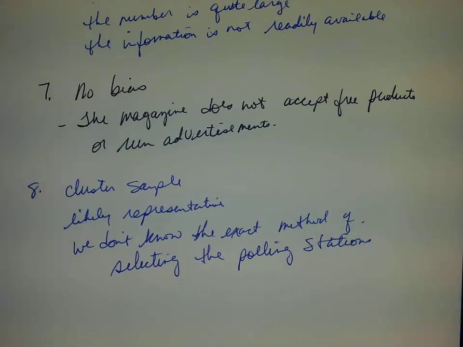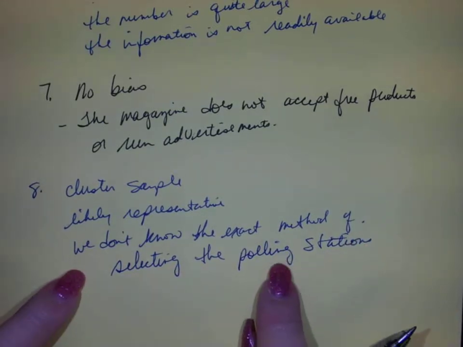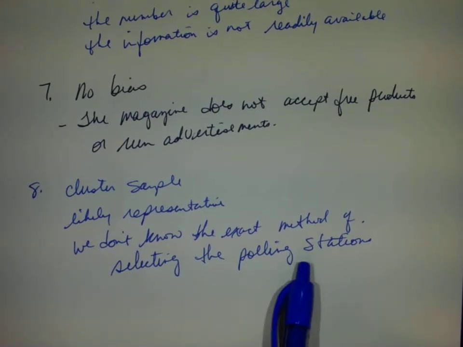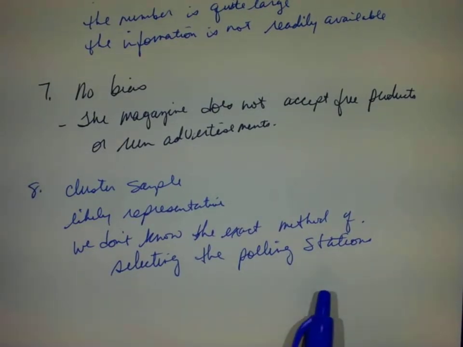Well, it depends on how they chose the polling stations, because that could make them biased. So if they specifically chose neighborhoods that were all Democratic or all Republican or more so one way or the other, instead of getting some that are Democratic and some that are Republican and independent or whatever. If they don't choose the stations well so that they are representative, then it could be biased to one or the other.